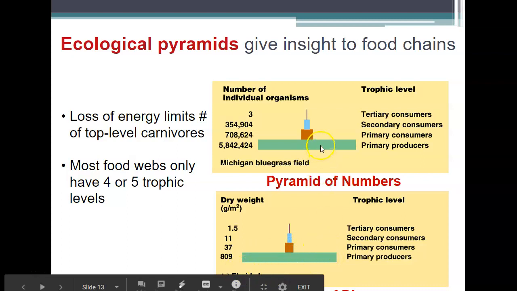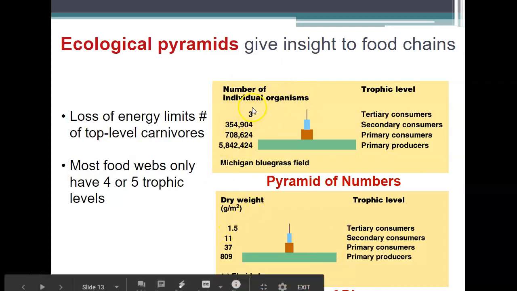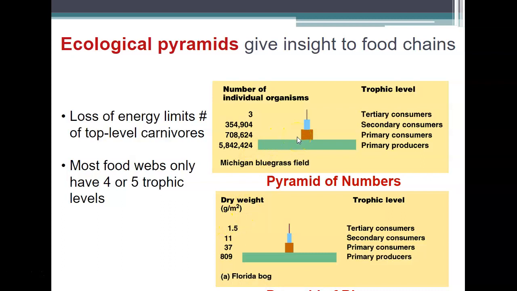So you can see that comparing number of organisms is not always the easiest because it's a little bit misrepresenting. But in the higher number of organisms, 3 versus 1.5, those are very similar. But just keeping in mind that because of that energy loss as you move up, that really limits the top level consumers.